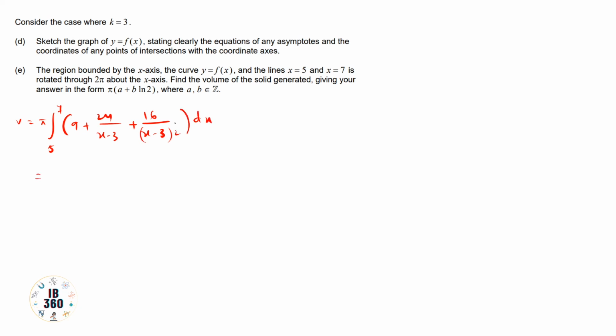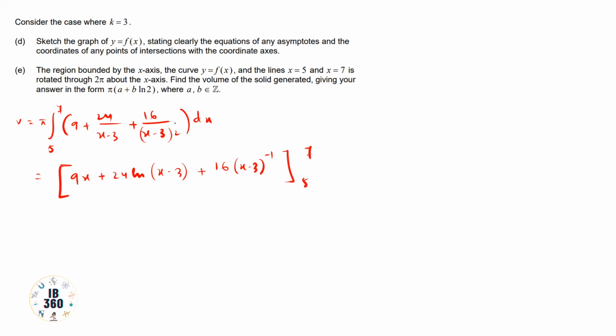So I am getting the normal values: 9x plus 24 ln of x minus 3 plus 16 times the inverse of x minus 3, and the limit is from 5 to 7.